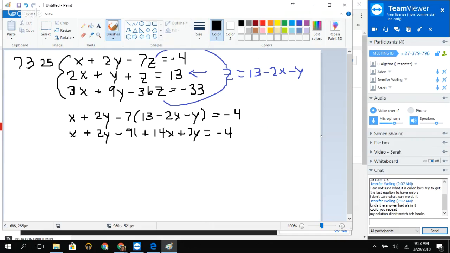Because this problem actually has something kind of interesting about it that we didn't specifically talk about in class. One of our variables, it doesn't matter what you put in for the variable.